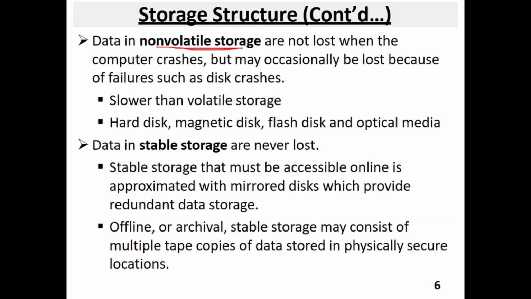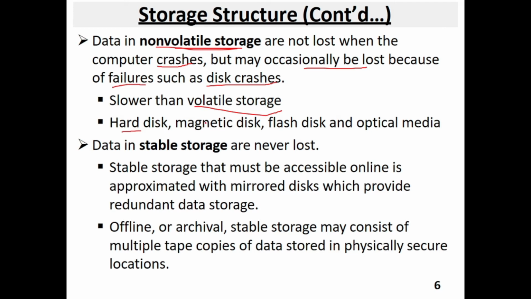Under non-volatile storage, data is not lost when the computer crashes, but may occasionally be lost because of failure, such as a disk crash. When our hard disk crashes we may lose the data, but when the computer crashes or shuts down, the data is not lost. It is slower than volatile storage when we compare their access speed.